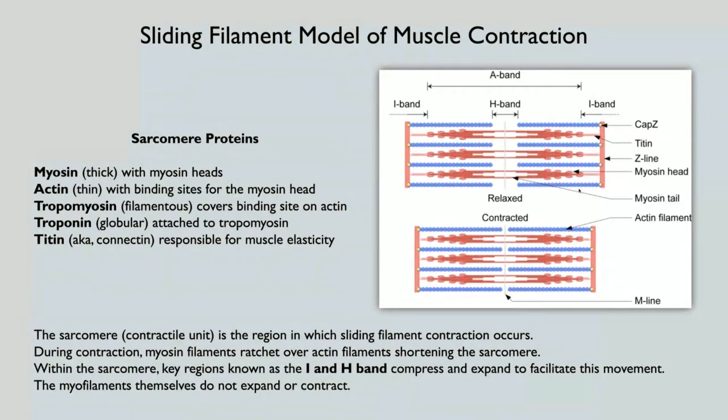The myofilaments don't contract or expand, they simply slide past each other, allowing the contraction of the muscle. It's like this myosin in red is pulling from these Z bands, which we have here at the ends, and the Z bands come closer to each other, separate, come closer, separate from each other.